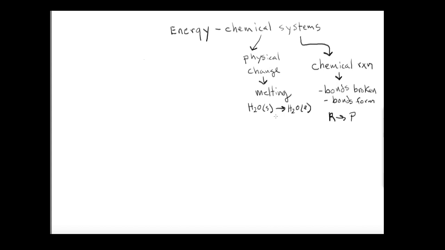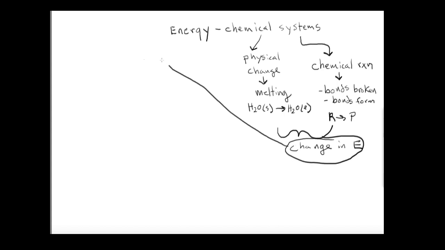Now, both of these possibilities involve the change in energy. Change in energy, and I'm just going to abbreviate that as E. So let's talk about basically the types of energy.